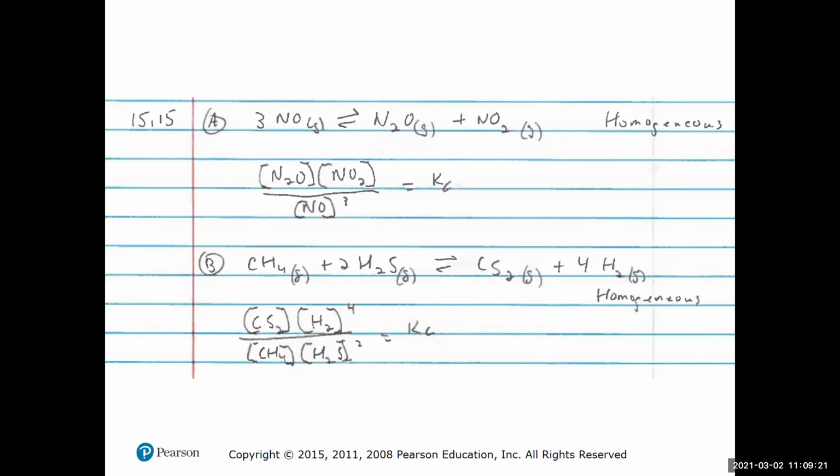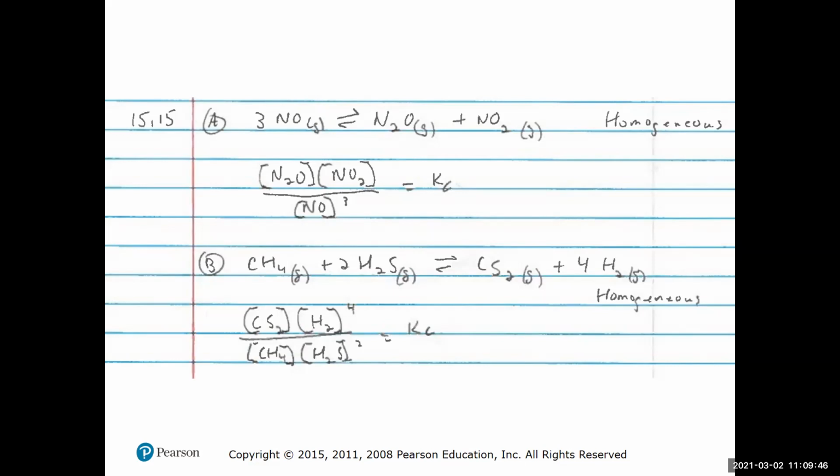And then we look back at our balanced equation to see what coefficients we have. Well, on the reactant side, we have a 2 in front of the H2S. So that molar H2S concentration will be squared in the denominator. And then on the product side, we have 4 moles of H2.